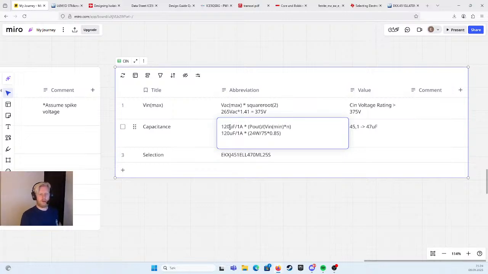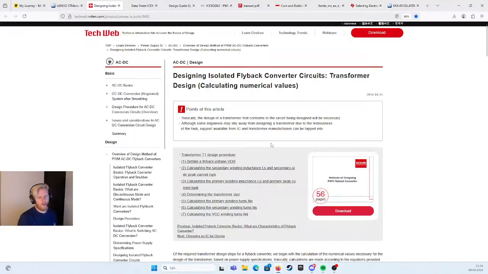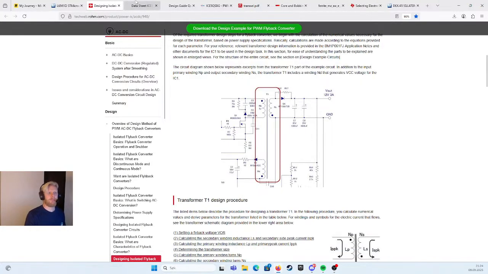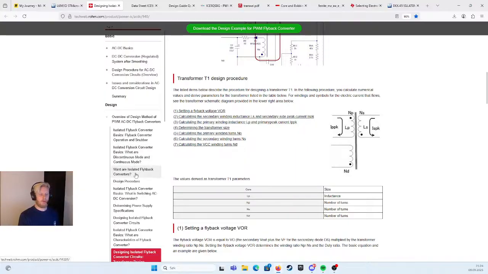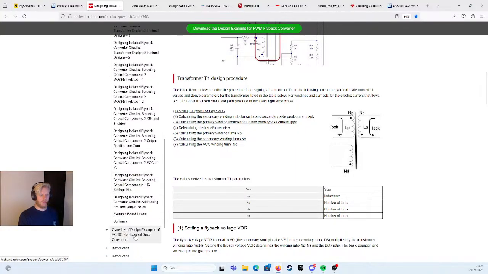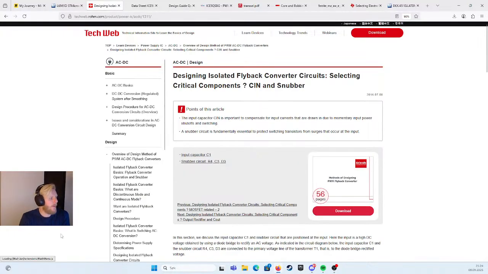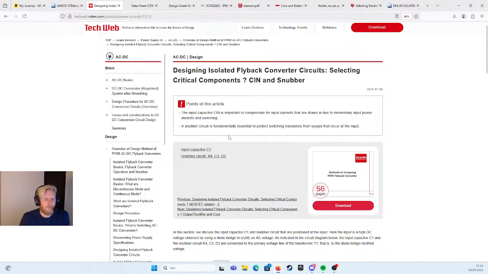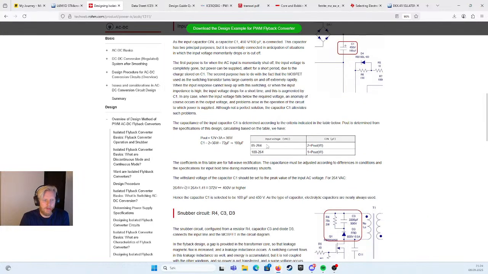Why was it 120 microfarad over 1? Good thing we're following along a design guide, roughly at least. We were basically at this one, the C in, the input capacitor.